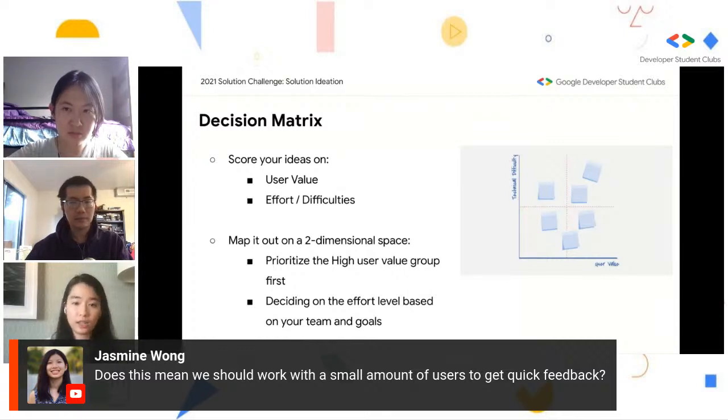Ideate on that. Make some kind of decision metrics while brainstorming, decide which idea you probably want to pursue, and then note down all of the things that you believe at that point are helpful or not helpful, which ones could make more impact or less impact.